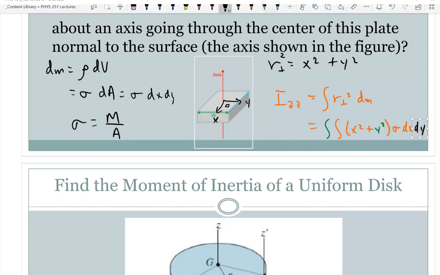The greens are going to represent the y, and I just left everything else the original color. So what are the limits on y according to this picture? 0 to L.